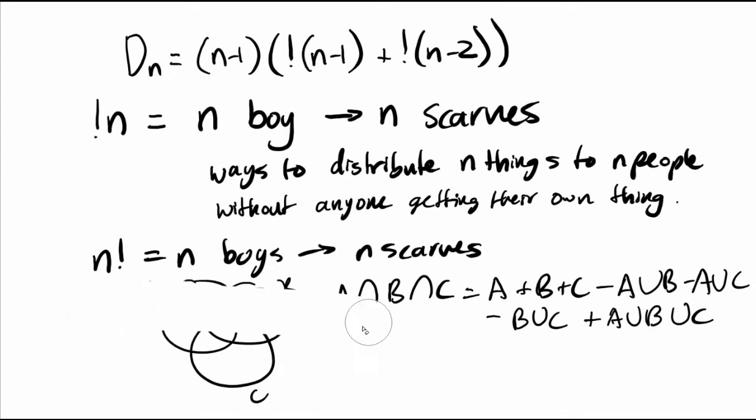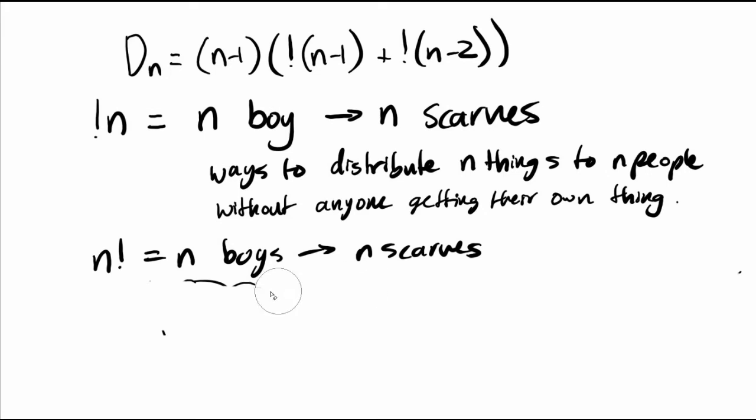So we have n factorial things, and how do we get from n factorial to the number of derangements? Well, n factorial is the number of ways n scarves can be distributed among n boys. So to get derangements, how about we take n factorial and subtract the number of ways in which at least one boy gets his own scarf?